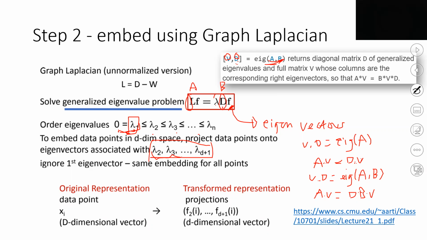So the eigenvectors associated with non-zero eigenvalues represent your original data points. So here, say I want to use these two, eigenvectors F2 and F3. So you use two dimensions to represent the original data points. The original can be very high dimension. As long as you can compute the distance between the data points, then you can go to step 1, step 2.